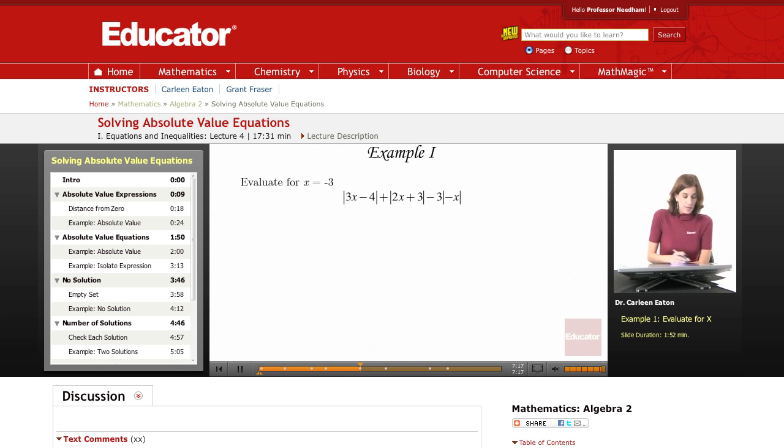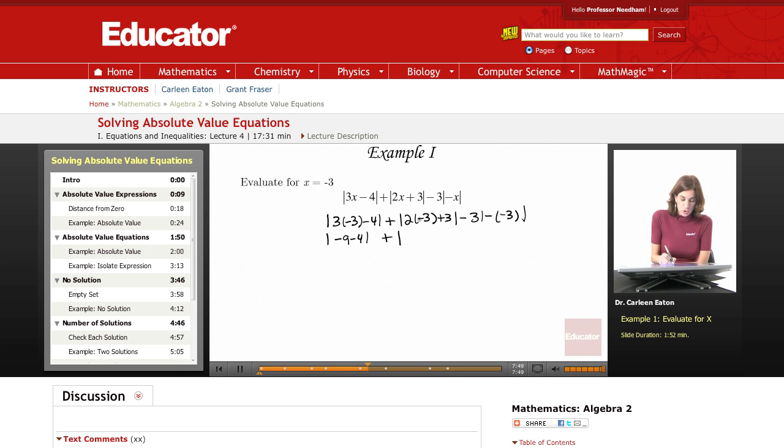Okay, example 1. Evaluate for x equals negative 3, and this has multiple absolute value terms. So substituting in negative 3 for x. Solving inside the first absolute value, 3 times negative 3 gives negative 9, minus 4.